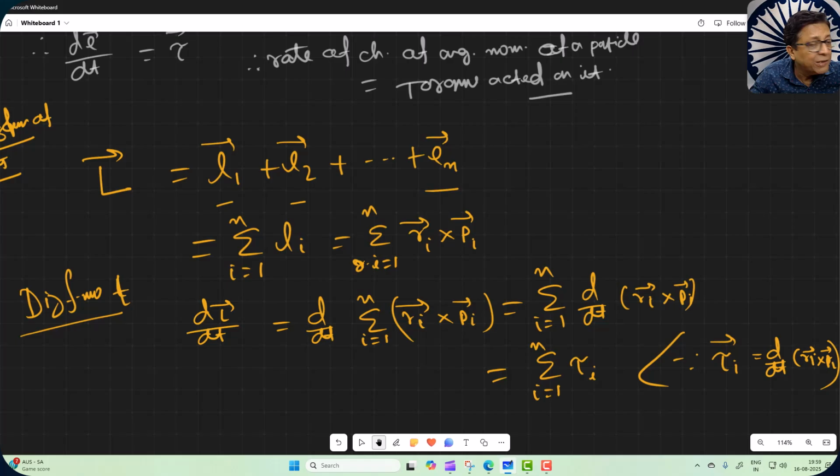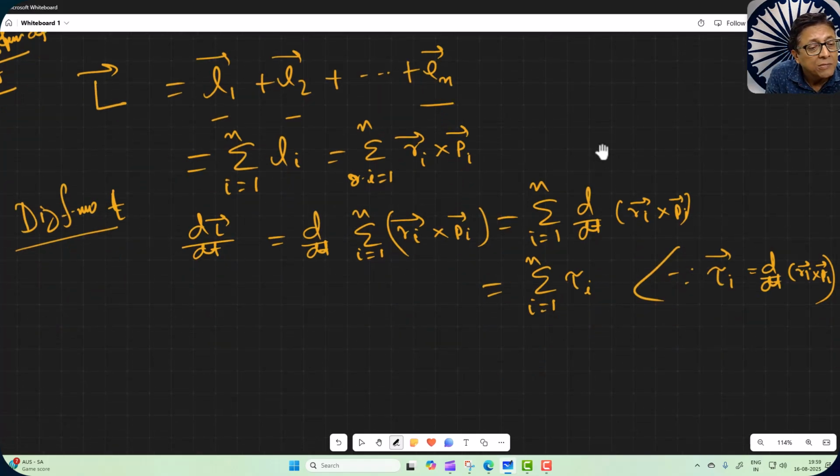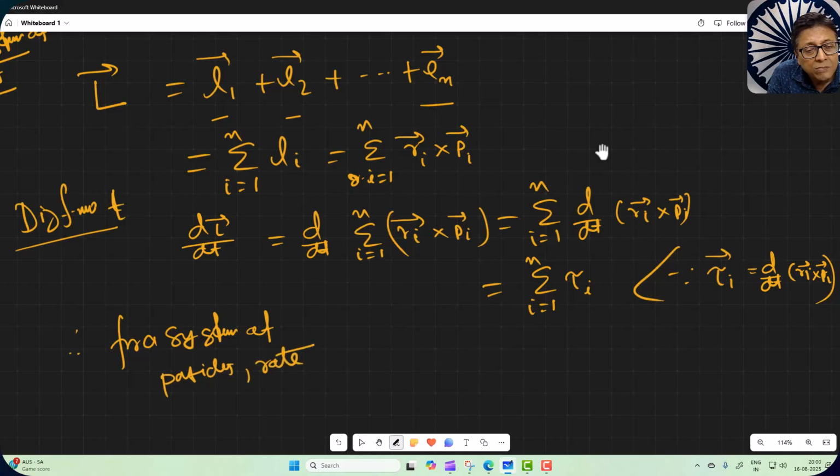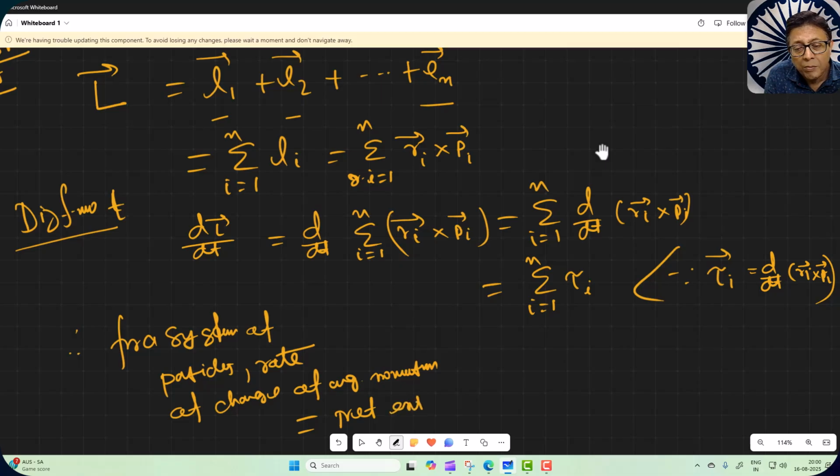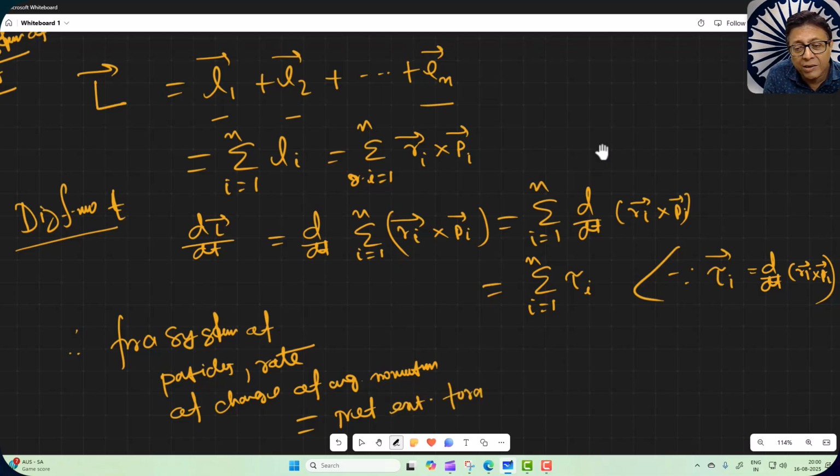Okay, so therefore for a system of particles, the rate of change of angular momentum is equal to the net external torque.